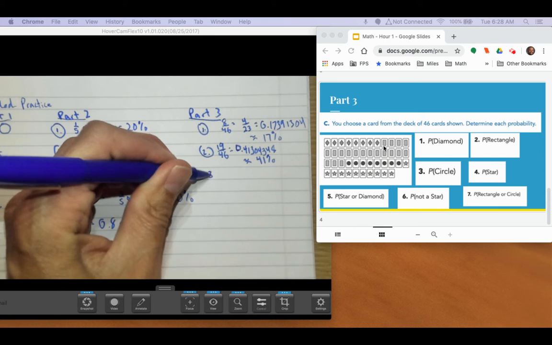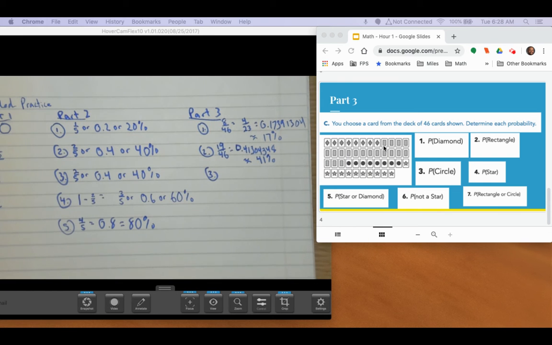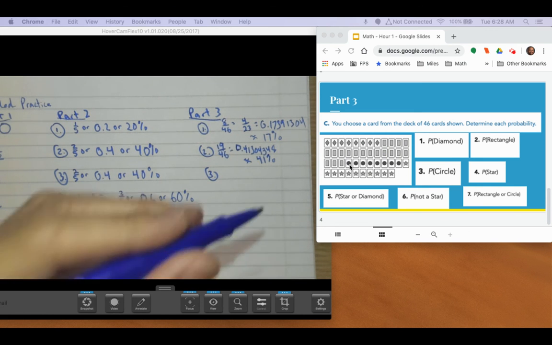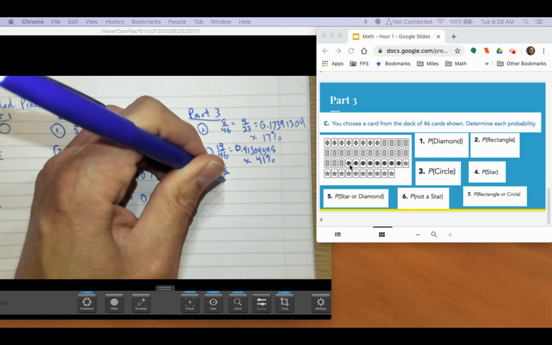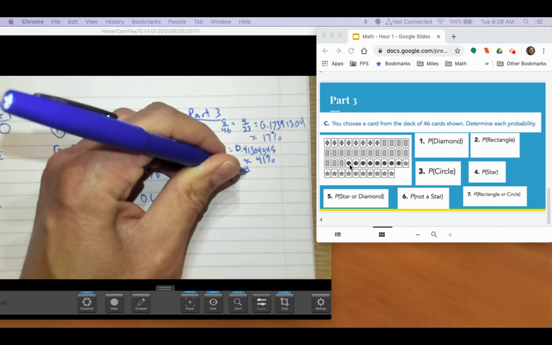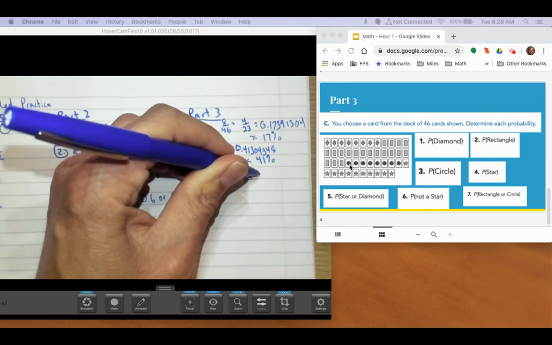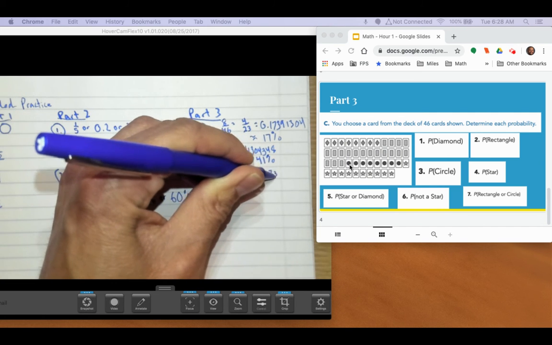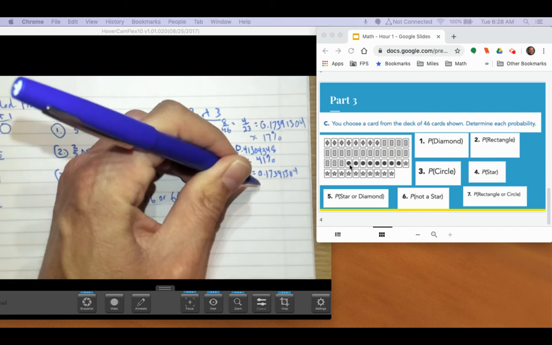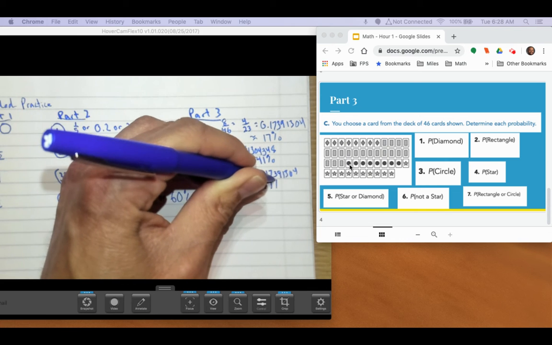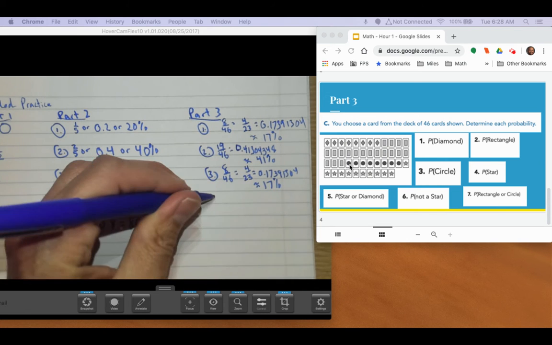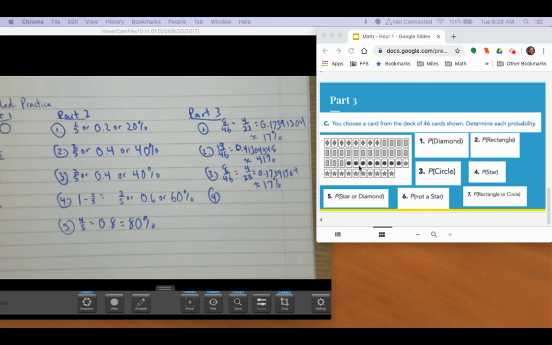Pause it, do number 3, and then play it again. 3 is the probability of getting a circle. Just 8 out of 46, or 4 out of 23, which is the same as number 1, 0.1739130, or about 17%. Pause it, do number 4, and play again.